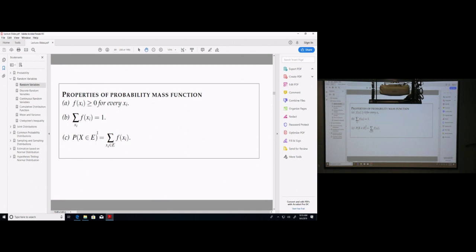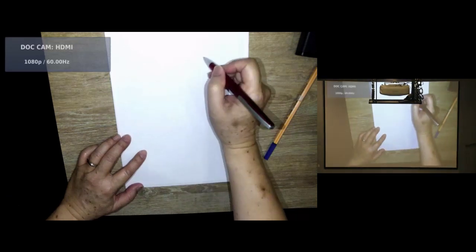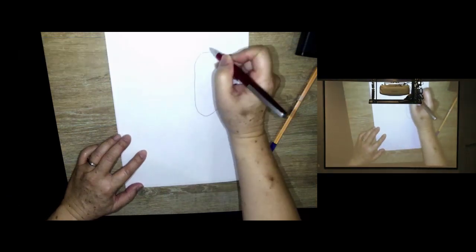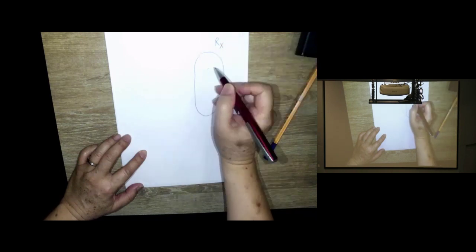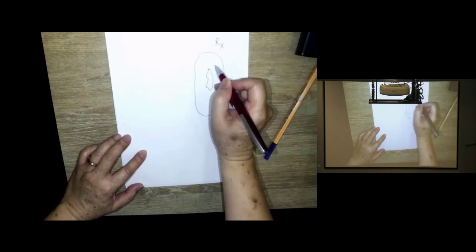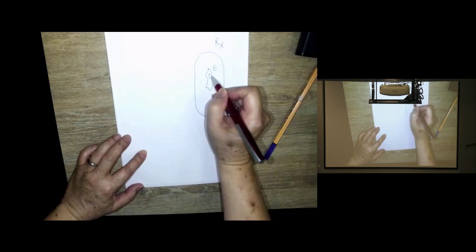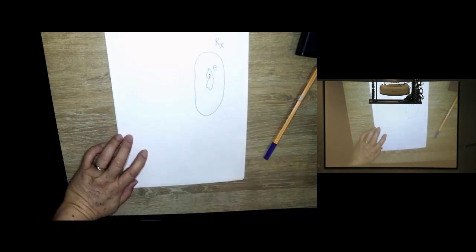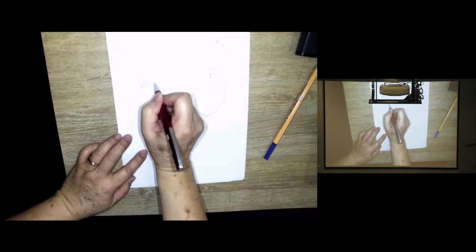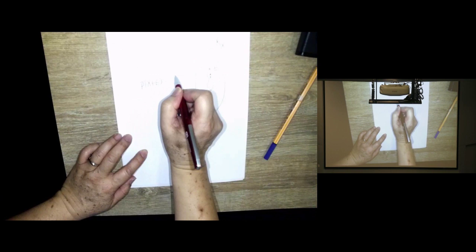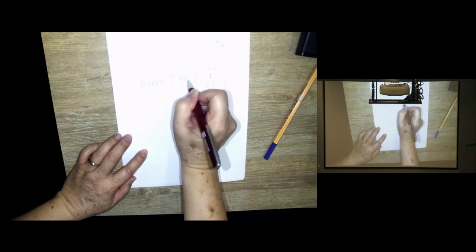So to calculate the probability of a random variable, here this is our R, or the range of X. And we have a set E here. And so the probability of X belonging to E will be just adding up all the probabilities.